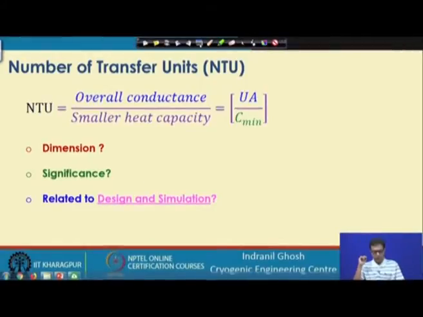Now, is it related to the physical dimension of the heat exchanger? Not necessarily. It is not necessarily related to the physical dimension of the heat exchanger.